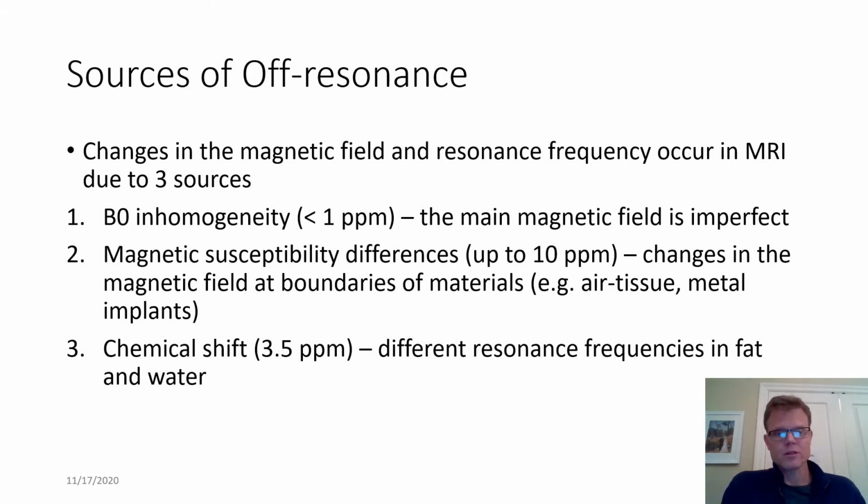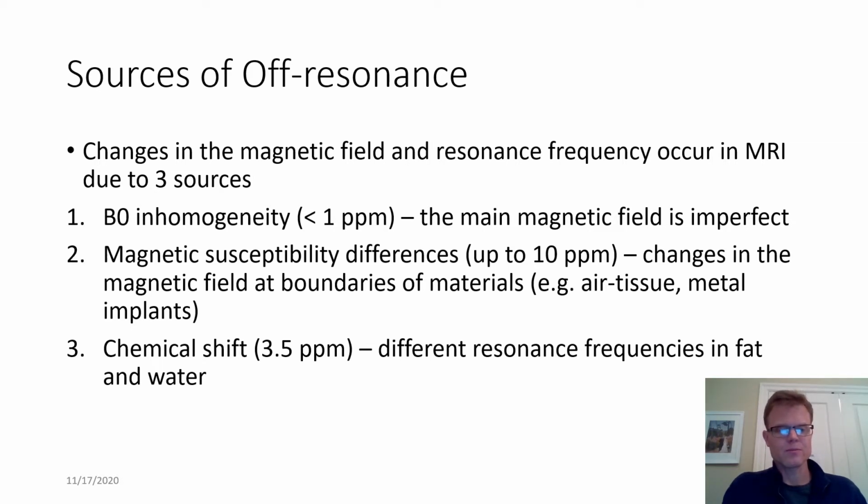The second source is differences in material magnetic susceptibilities. There are changes in the magnetic field at the boundaries of materials, and the most common of those in MRI are boundaries between tissue and air, as well as with metal that may be present from implants. The third source that we're introducing in this lecture is chemical shift.